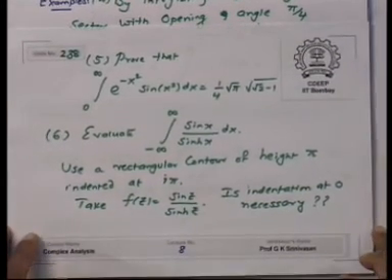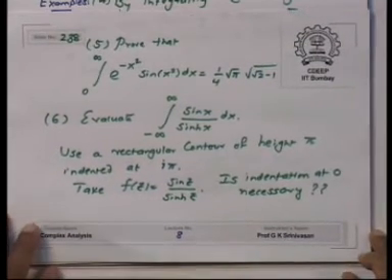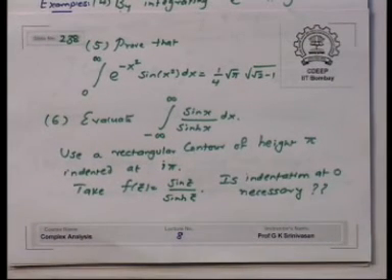Next is evaluate the integral of sin x dx upon sinh x from minus infinity to infinity using a rectangular contour of height pi indented at i pi. Take f(z) equal to sin z upon sinh z. Whenever hyperbolic functions come, typically you will use a rectangular contour.